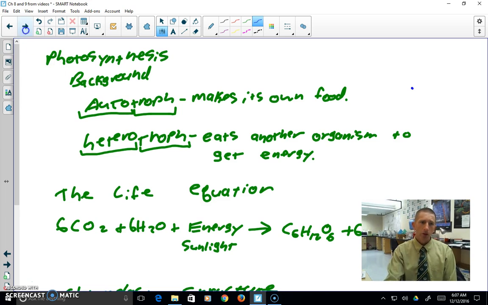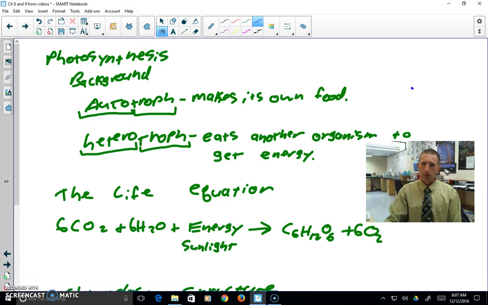So the autotrophs, you may remember, right, life equation. Let me get out of the way here really quickly. Okay, perfect, life equation. So we make sugar, right? But that's only made in the green parts of the plant. That's only made in like the leaves or some stems, or different things like that. So what does the plant then do with this sugar? Well, some of it, a very small portion of it, goes into the mitochondria of that same cell.